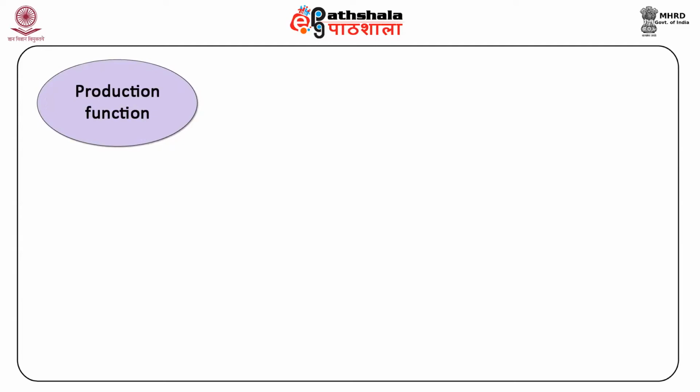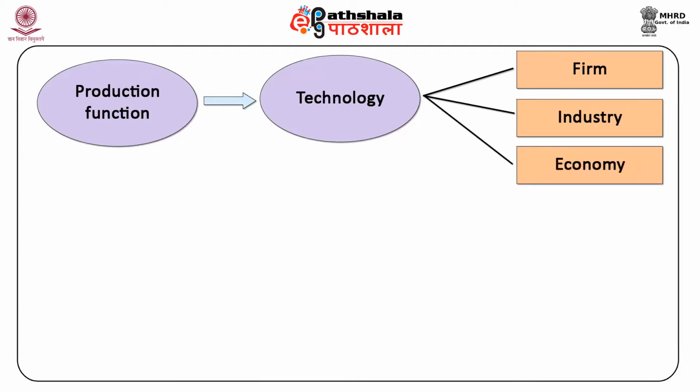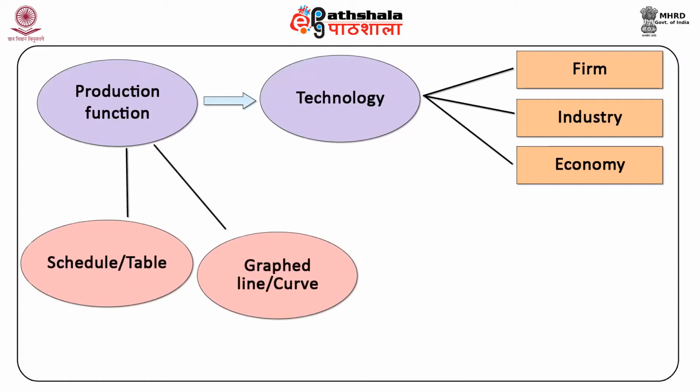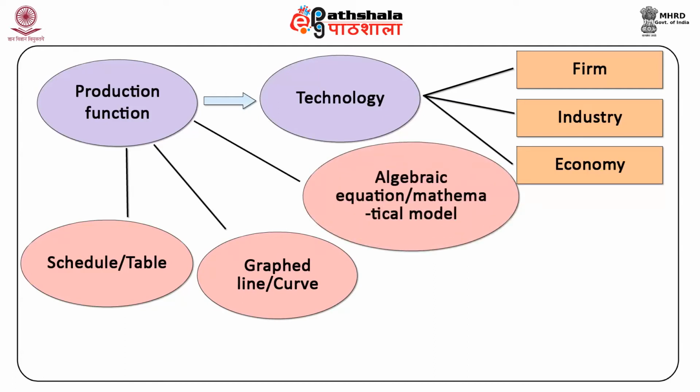Moreover, the production function also represents the technology of a firm, of an industry, or of the economy as a whole. A production function may take the form of a schedule or a table, a graph line or curve, an algebraic equation or a mathematical model, but each of these forms can be converted into its other forms.